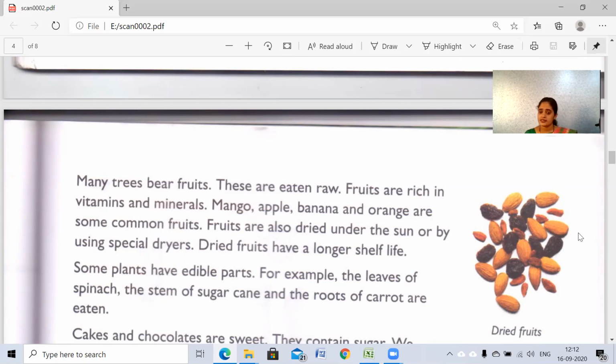Roots, carrot, we are eating. So we depend upon plants for fruits, either dry fruits or raw fruits. And we depend upon plants for the edible parts like stem, leaves, and roots. Okay.